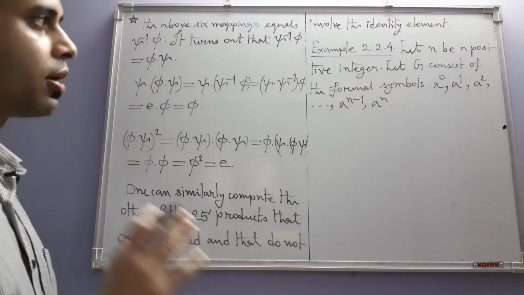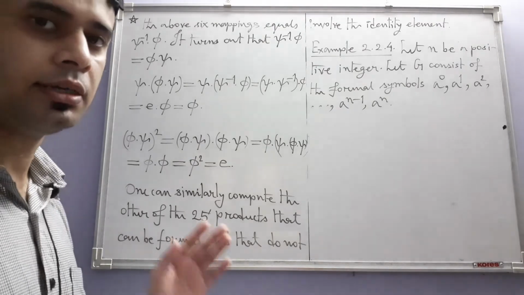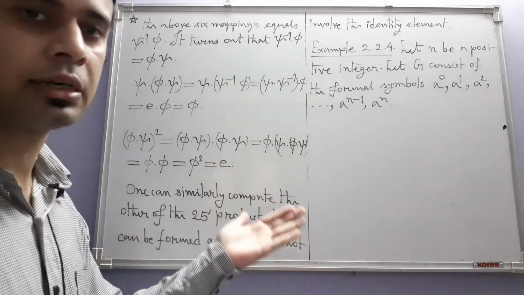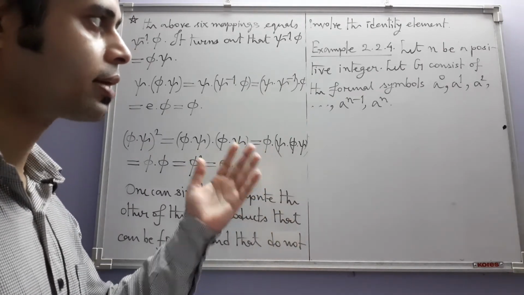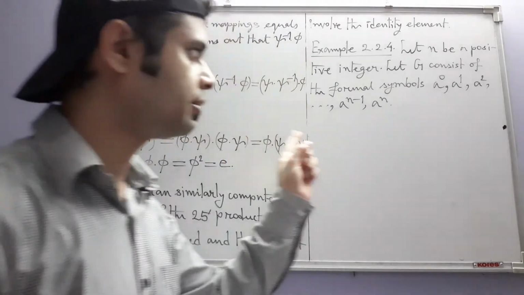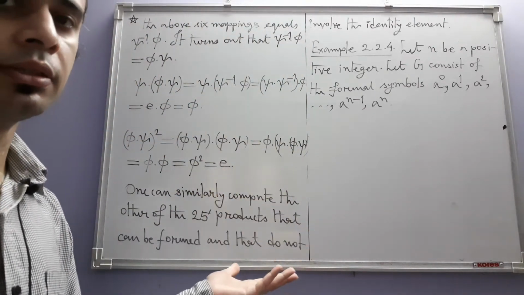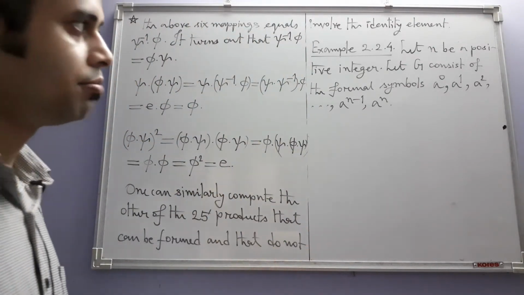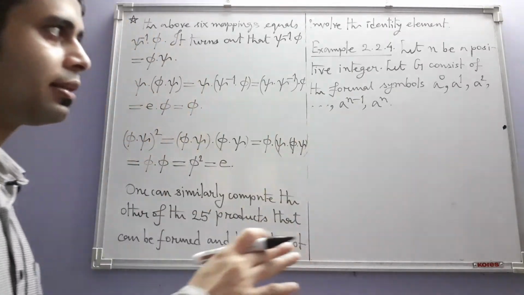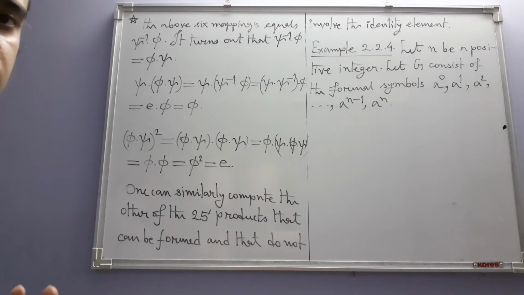Whenever we say formal symbols in mathematics, it means the symbols have the form of something but are not necessarily actually that thing. Here the formal symbols look like powers of A, but actually they hold no meaning other than the fact that they are just some abstract symbols.